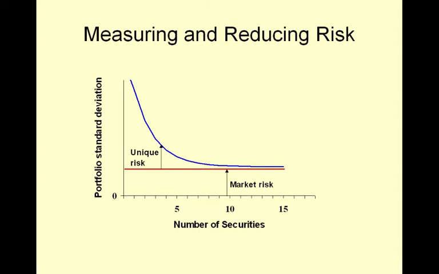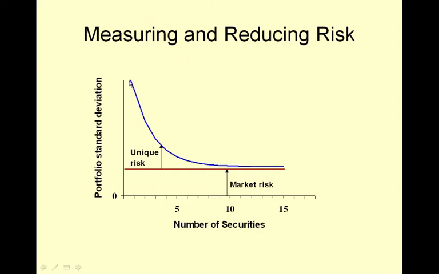The graph also shows how market risk plus unique risk yields overall portfolio risk. Or looking at it another way, total portfolio risk is the sum of unique risk and market risk.